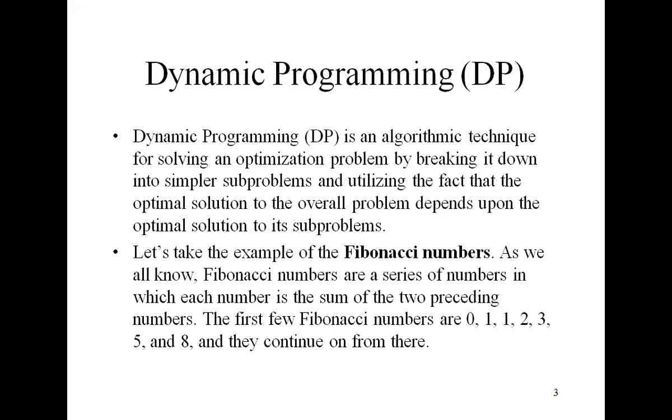So we can continue from there. If we want to find any element in the Fibonacci series, you need to add the previous two numbers. So if you want to find f of n, then you need to add f of n minus 1 and f of n minus 2, the previous two numbers.